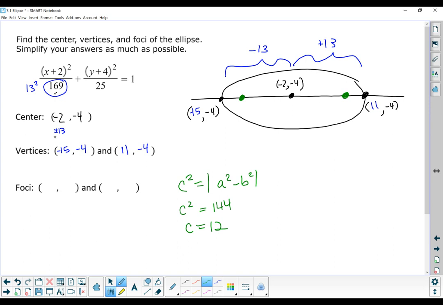We can find those foci by adding and subtracting 12 from the x-coordinate. Negative 2 minus 12 gives us negative 14, negative 4. And if we add that 12 to the x value, negative 2 plus 12 is 10.